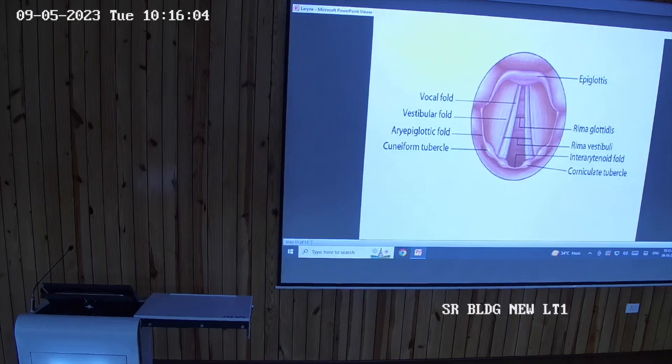The reason is that if you do the syringing forcefully, the vagus nerve can be stimulated, and the stimulation of the vagus nerve can cause vagal syncope. The patient can die. Why?